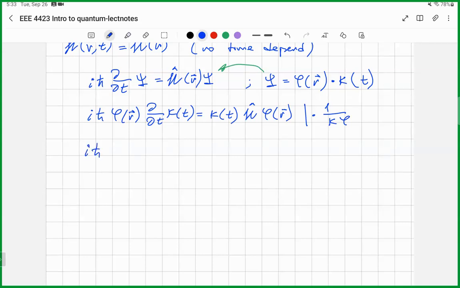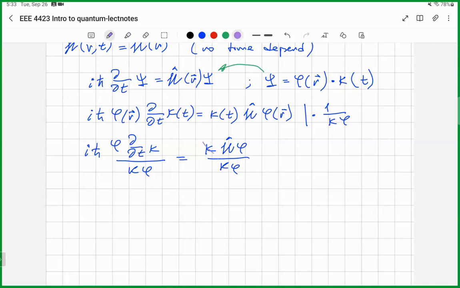So I get i h bar phi d over dt kappa over kappa phi equals kappa h phi over kappa phi.